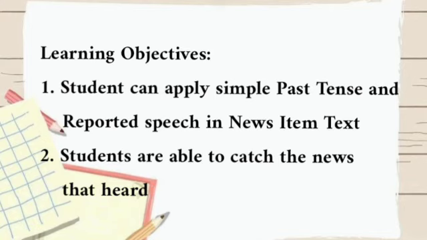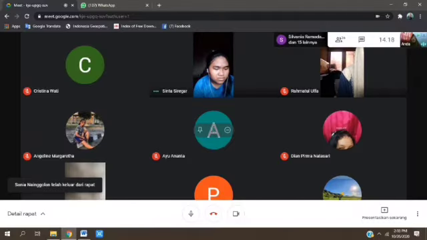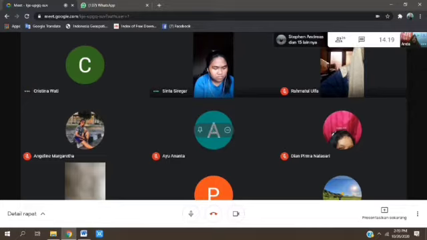The learning objectives for today are: students can apply simple past tense and reported speech in news item text, and students are able to catch the news that is heard. Today, we are going to study the linguistic features of the news item.